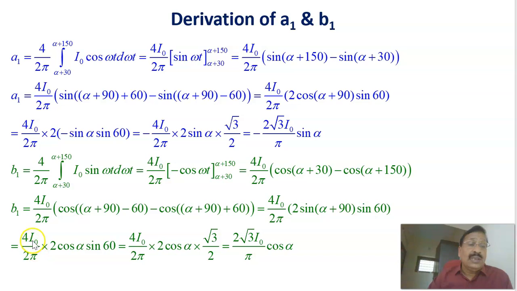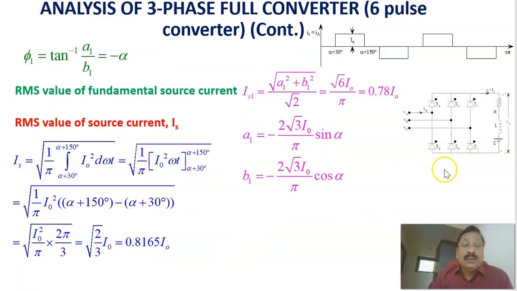Substituting, 4 I naught divided by 2 pi into 2 cos alpha into root 3 by 2, which equals 2 root 3 I naught by pi into cos alpha. Therefore, the Fourier constant for the fundamental B1 equals 2 root 3 I naught by pi cos alpha, and the constant A1 equals minus 2 root 3 I naught by pi sin alpha.